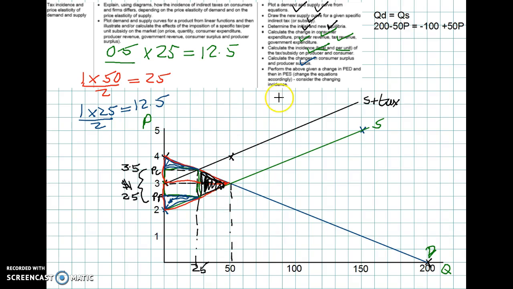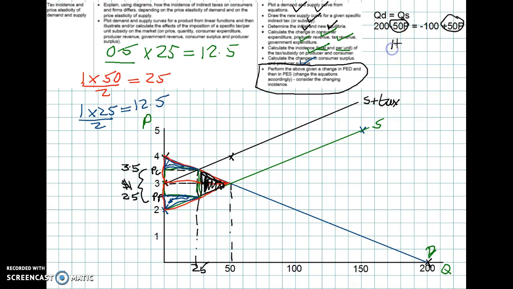And then the only other thing is this section here. Perform the above given a change in PED and then in PES. So basically we're saying if we change the B or D variable, so we change the responsiveness, the elasticity of the demand or supply.